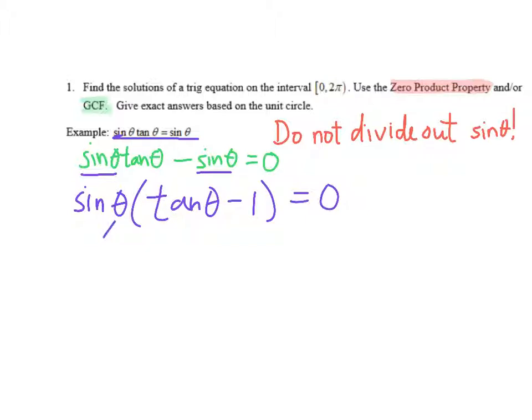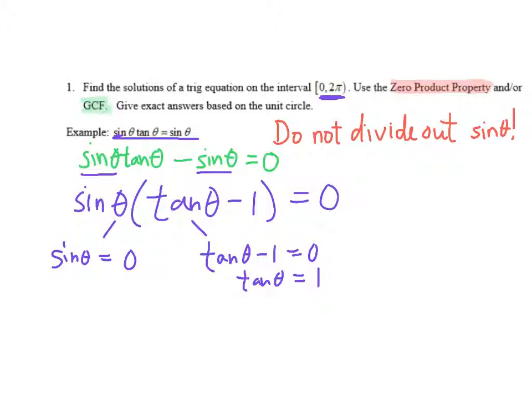Then we have our two pathways because of the zero product property, either sine theta equals 0, or we have tangent theta minus 1 equals 0. And of course we can isolate tan now because it's the only trig function there, and we get tan equals 1.